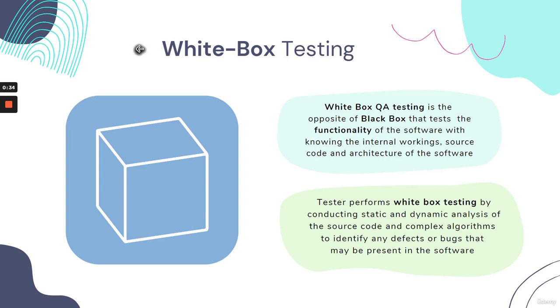The tester performs white box testing by conducting static and dynamic analysis of the source code, the actual programming languages and code, as well as complex algorithms to identify any defects or bugs that may be present in the software code, not just the software, its functionality itself. In this case, for white box testing, the tester needs to be very technically capable.